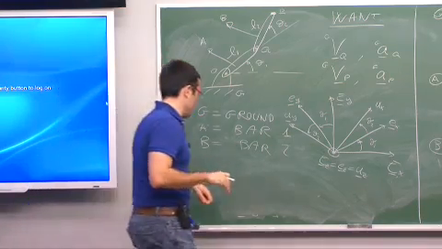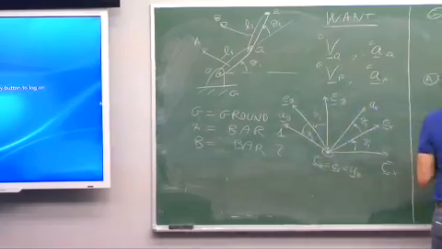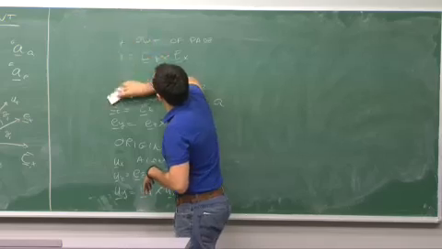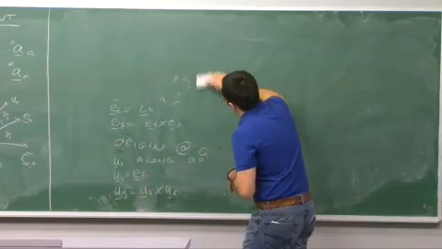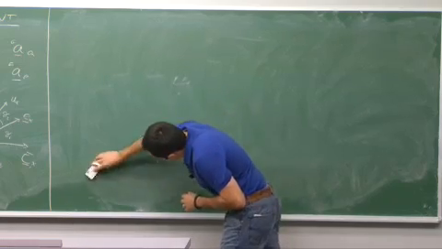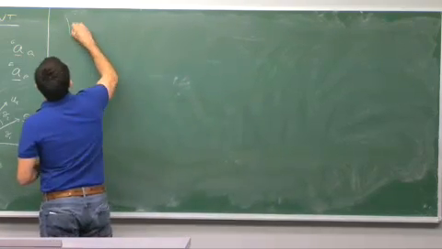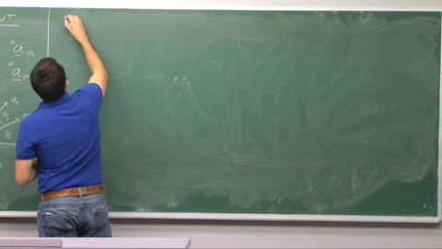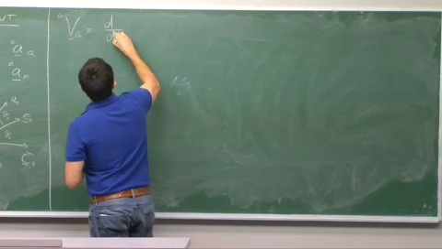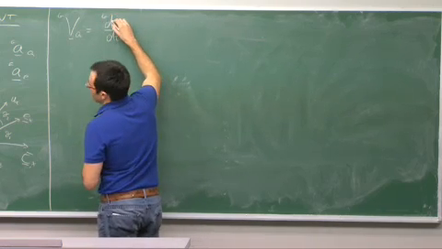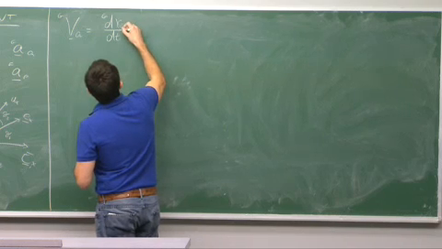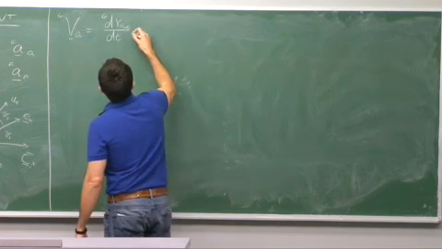Good. Okay, so now I can start thinking about velocities and accelerations. And I want to start from Q probably. Velocity of Q in G is d dt in G of R. For now I can say Q with respect to O, and I'm going to drop this notation.